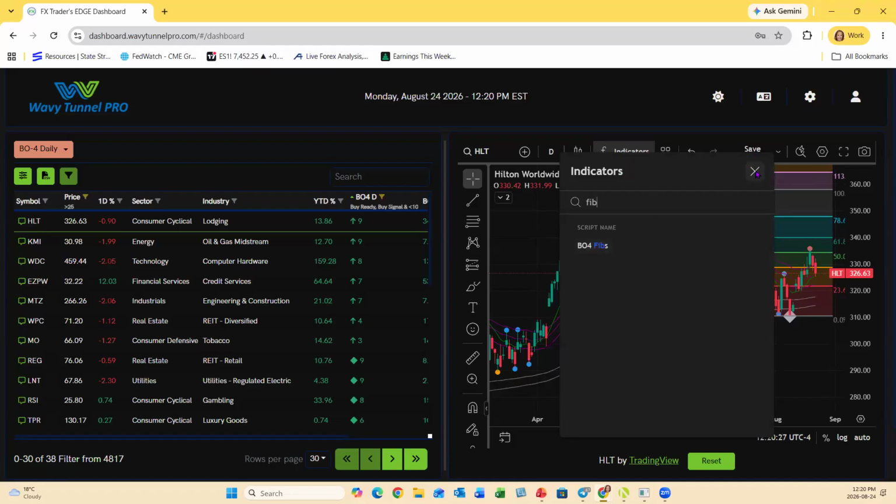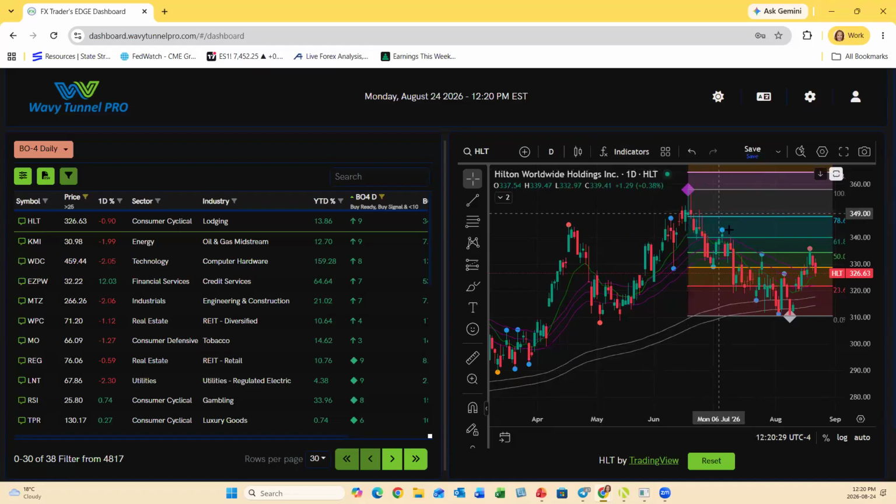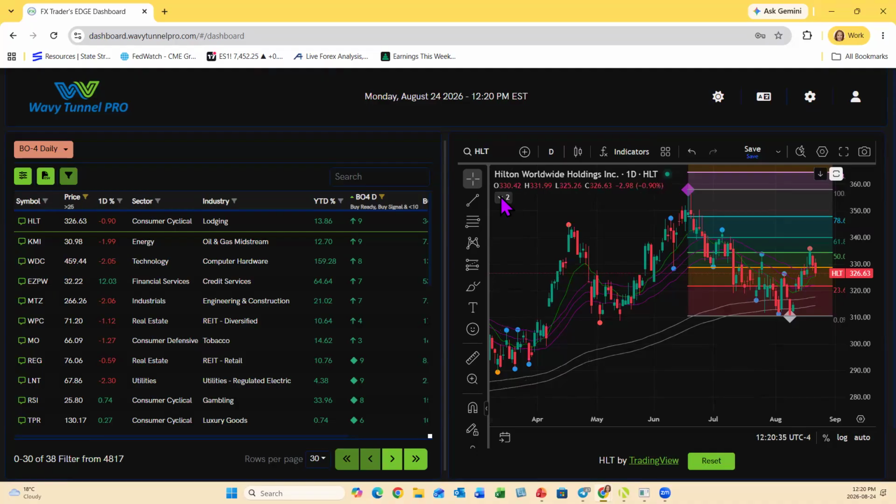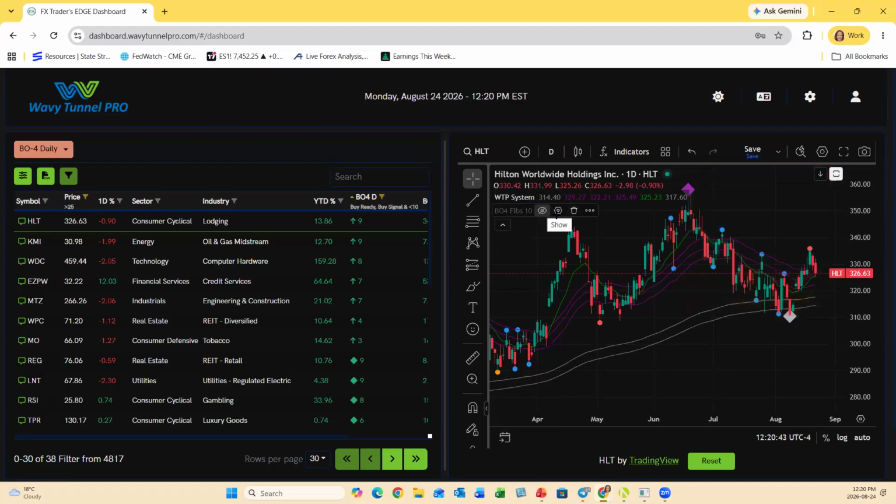So that indicator is already on. I can hide it or I can remove it completely. But if I hide it, you're not going to see these lines.